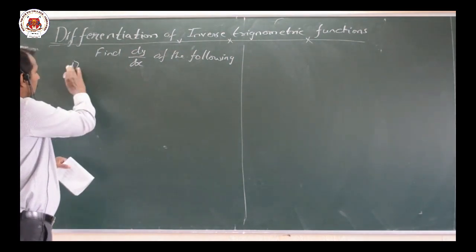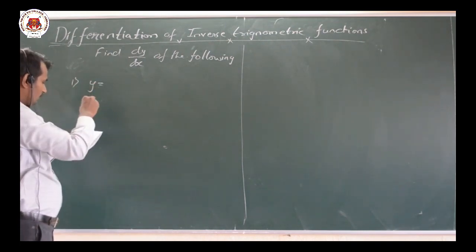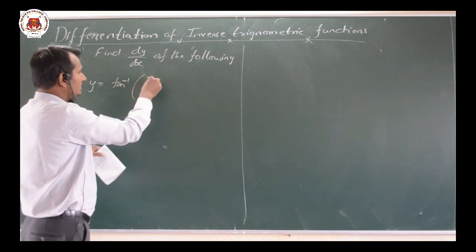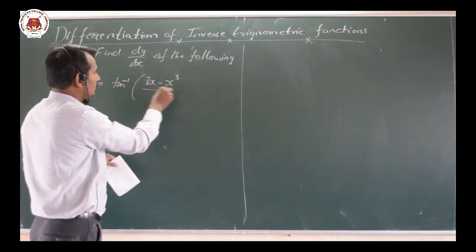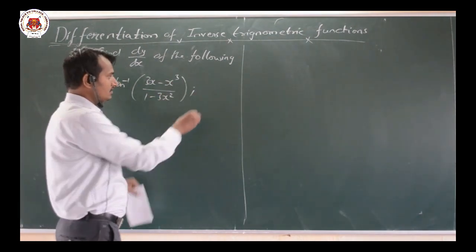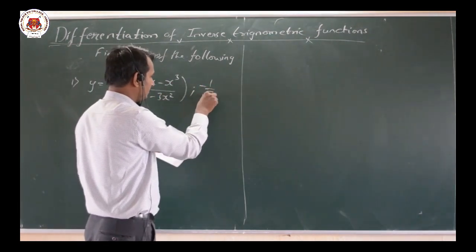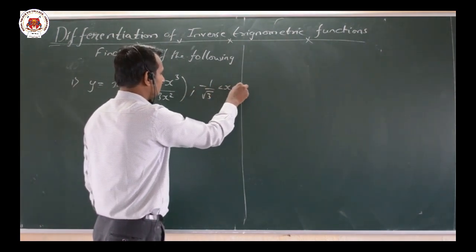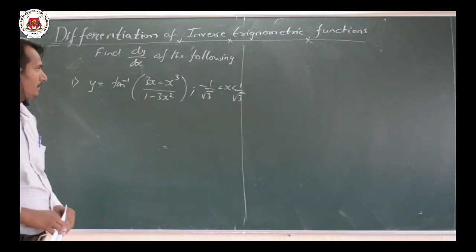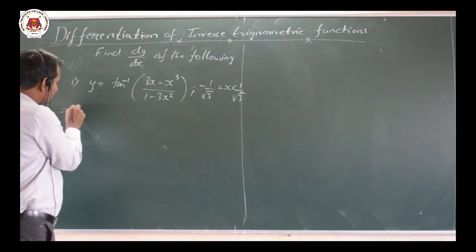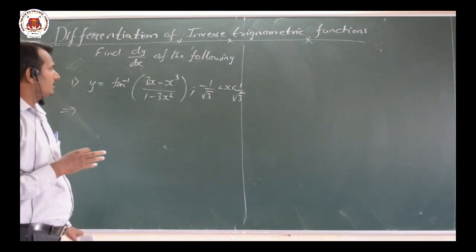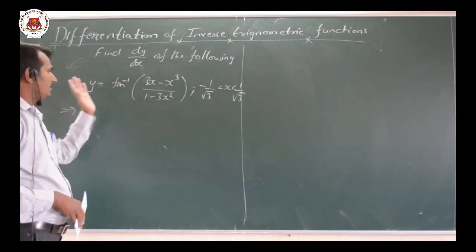The first one, y equal to tan inverse of 3x minus x cube divided by 1 minus 3x square, where he has given the domain of x, minus 1 by root 3 less than x less than 1 by root 3. It is a very simple example. Just before solving it, we can make use of tan inverse here, then afterwards we can solve.